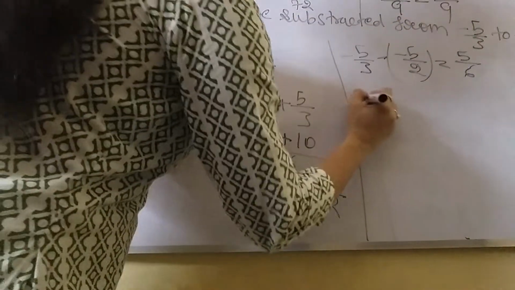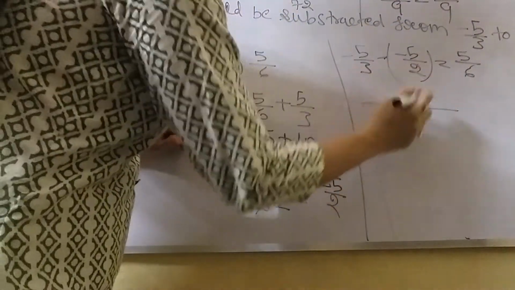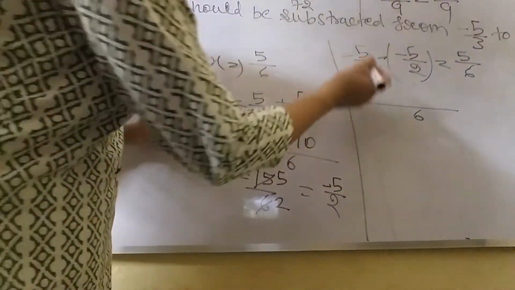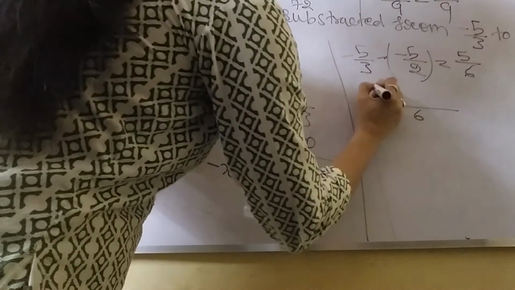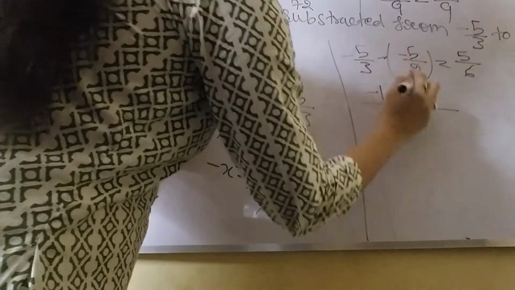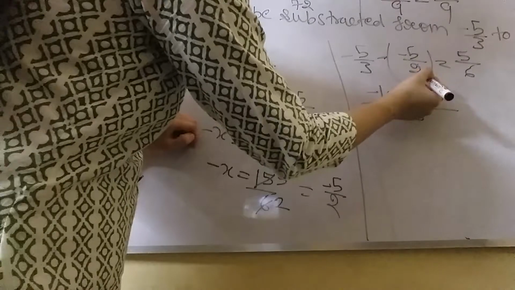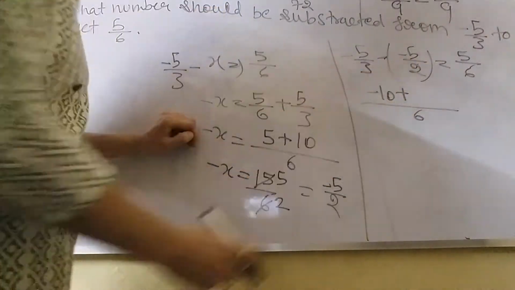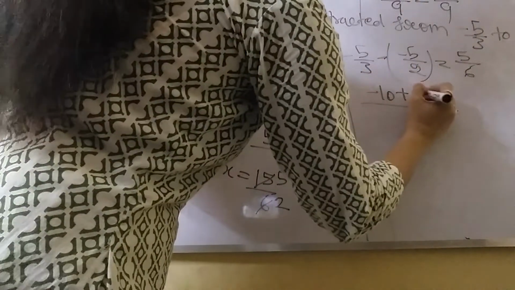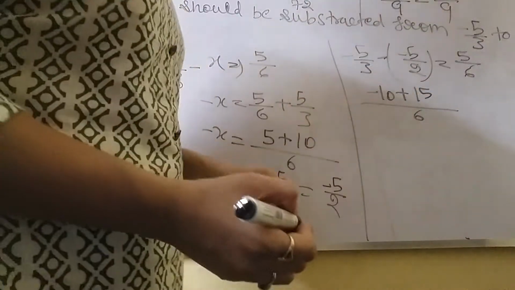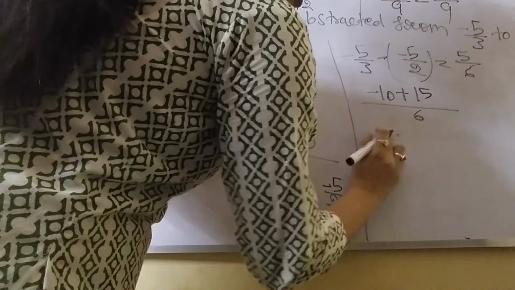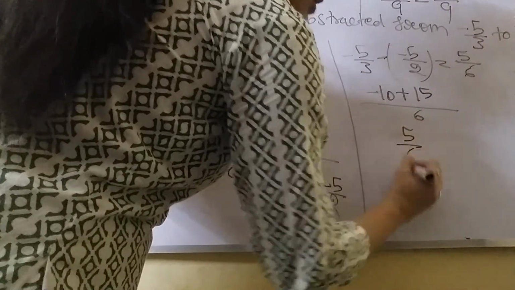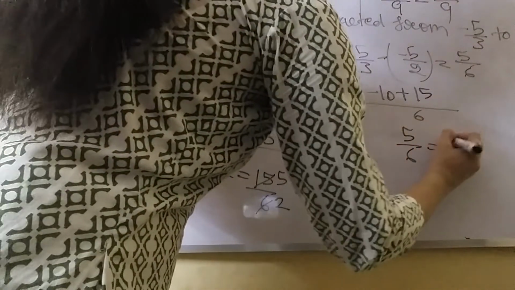Now solving this, the LCM of 3 and 2 will be 6, and on the above side that will be minus 10, minus minus will be plus, and 6 divided by 2, that will be 3, and here we will have plus 15. So plus 15 minus 10 will be 5 upon 6. So equals the right hand side.